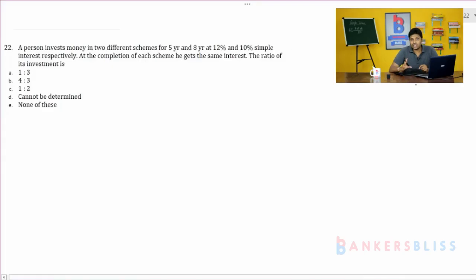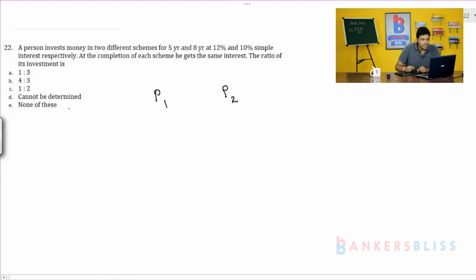The invested amount, the principal amount, is different in the two cases. So let us consider the principal amount as P1 in the first case and P2 in the second case.